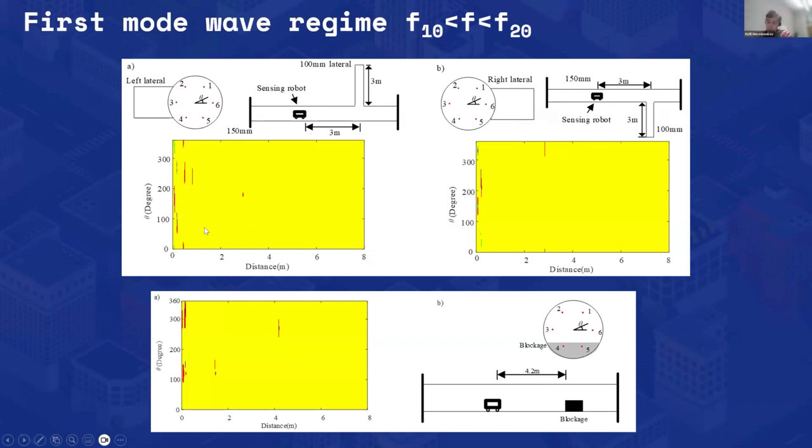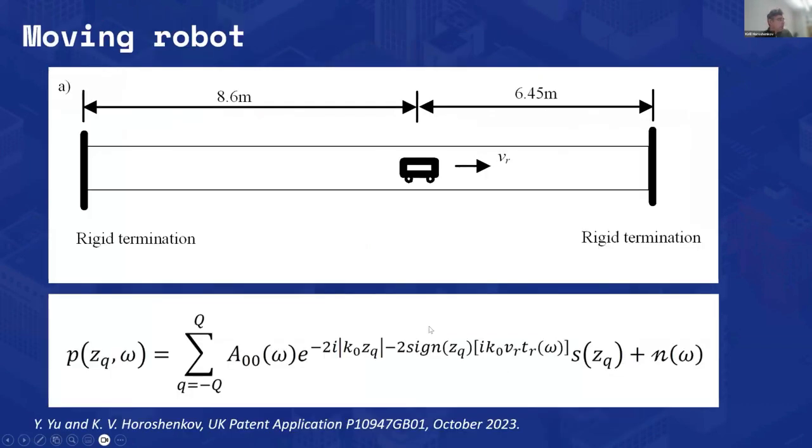That's very useful for the route planning for the robot, because the robot would know how far away the artifact is, what its nature is, and where about it is in terms of the angle in the pipe.